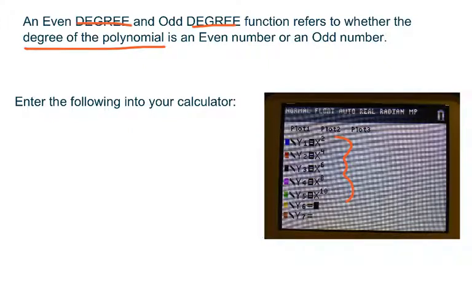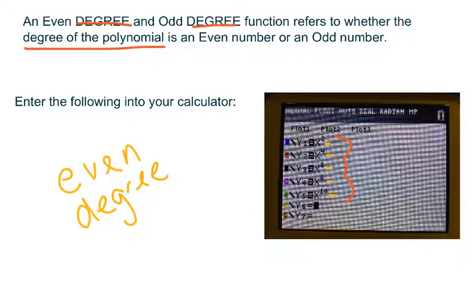Alright, so the first thing I want to know is, what do all of these equations have in common? Hopefully you noticed that the degree of each number, or the exponent of each equation, is an even number. Okay, so all of these are even degree functions.